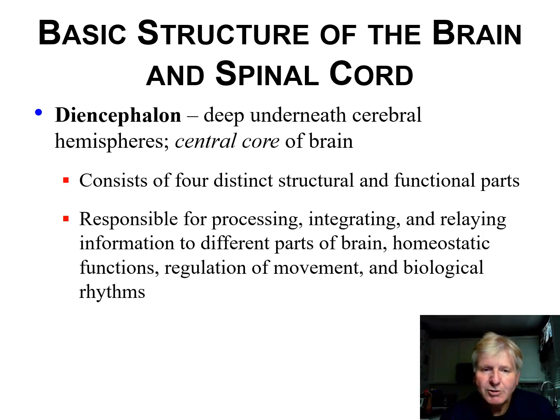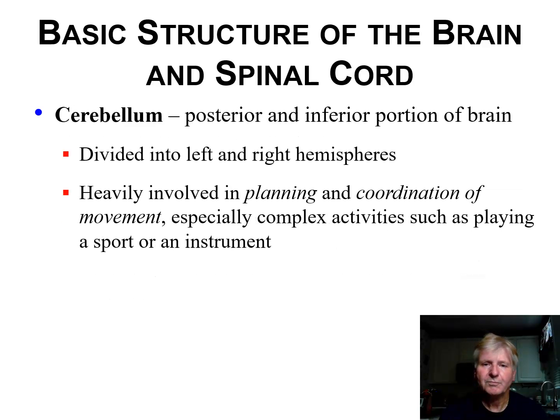Homeostatic functions are also the responsibility of the diencephalon, regulation of movement, particularly the thalamus, and your biological rhythms or circadian rhythms. When we go to bed at night and when we are awake during the day. Those are what we refer to as our biological rhythms or circadian rhythms.